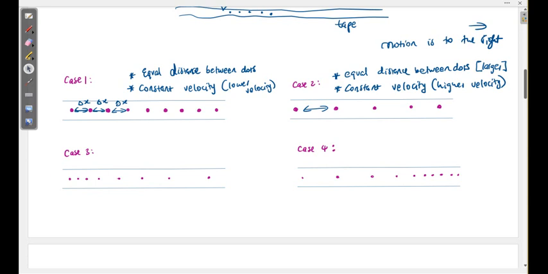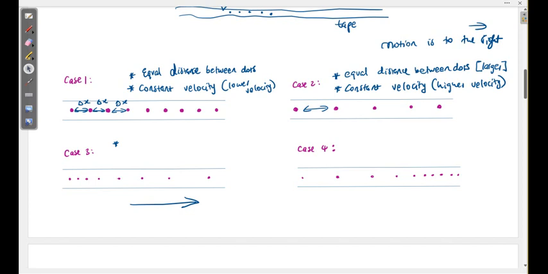And then case number 3, let's look at this part here. Remember, the motion is going to the right, ne? So what is happening between the space between the dots? The distances are not equal. It moves from a low velocity to a high velocity. From a low to a high. It's going in this direction, right? Yes.